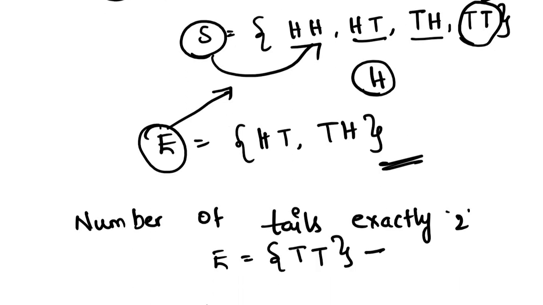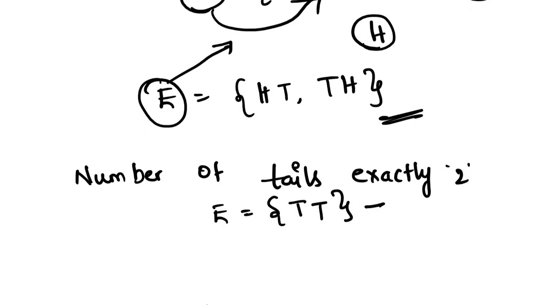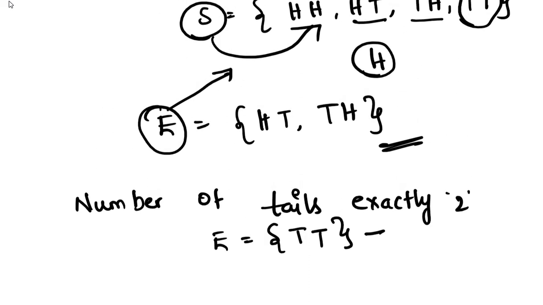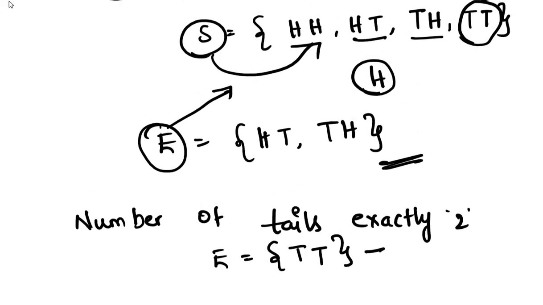Now I think you got the idea of the event. Here we can make one statement. The above discussions suggest that a subset of sample space is associated with the event, and an event is a subset of sample space.